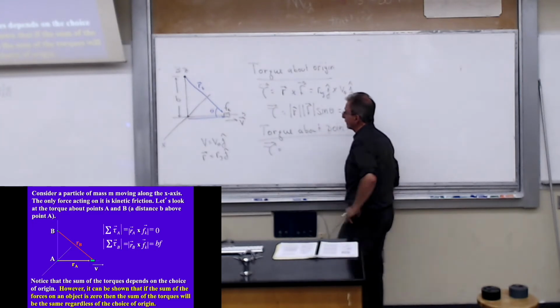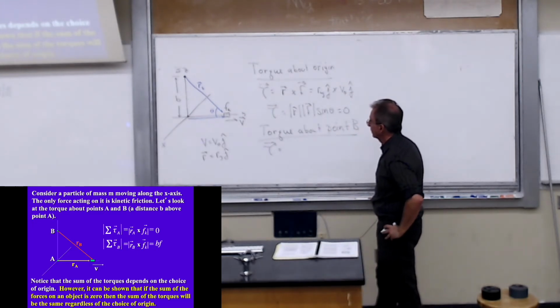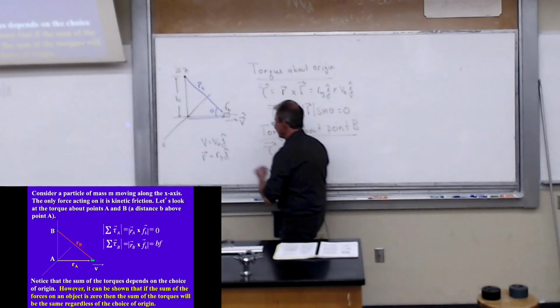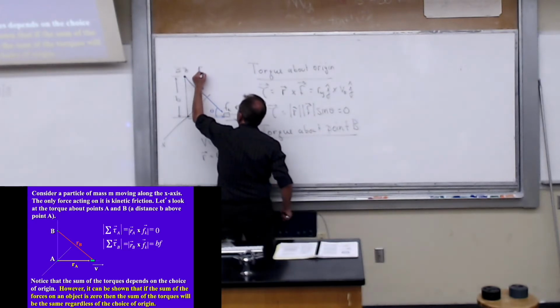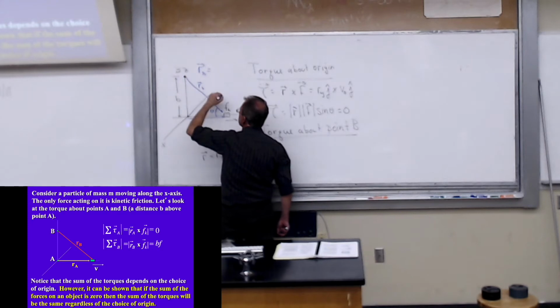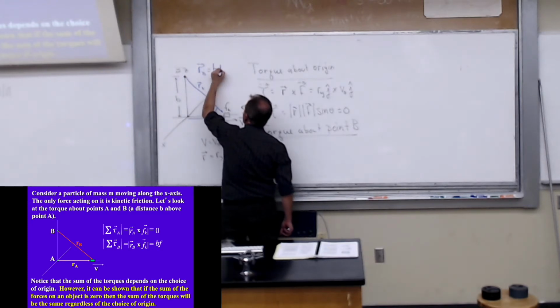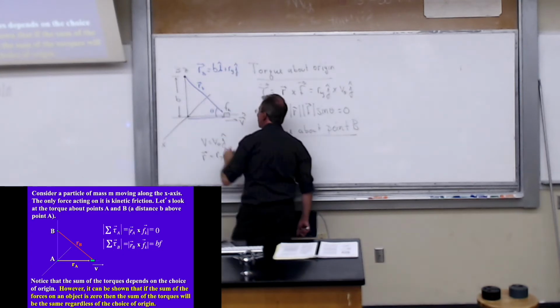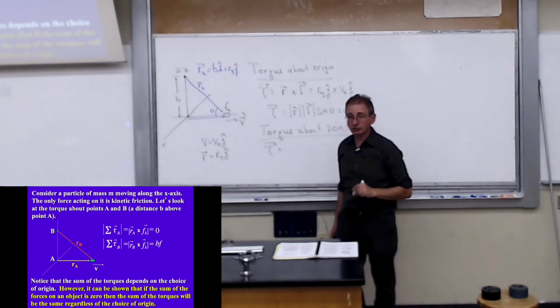Oh, we have to write down what r looks like. Isn't the r vector, isn't r sub b look like this? It has a component in the z direction, and a component in the y direction. Isn't it true that that's the vector?